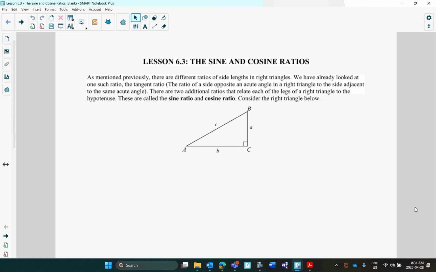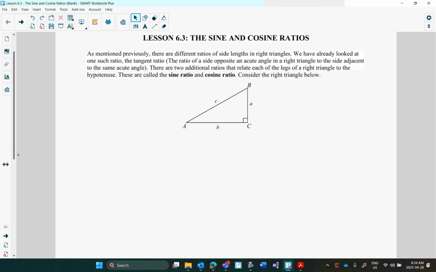All right, so we have learned one trigonometric ratio fraction that allows us to find missing angles and missing sides in right triangles.